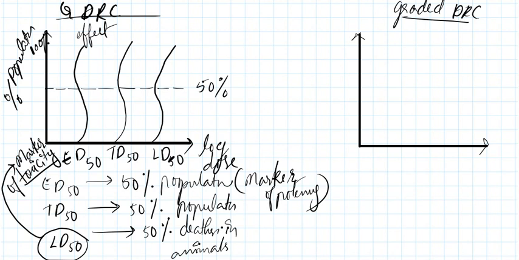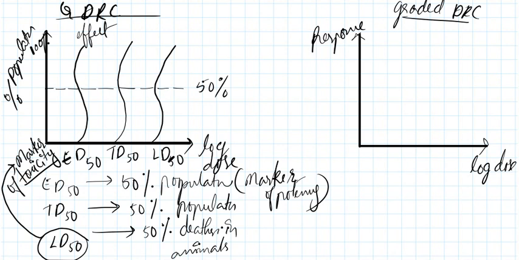Now this is response. Y-axis is response, x-axis is log dose. In case of a graded dose response curve, you are testing in a single individual.